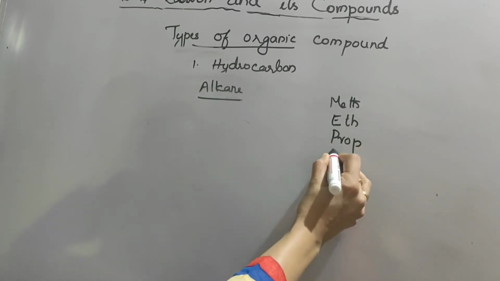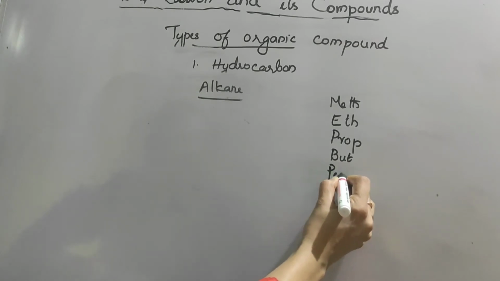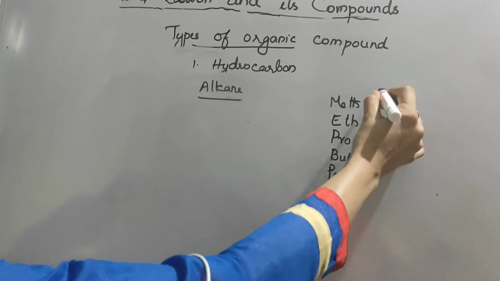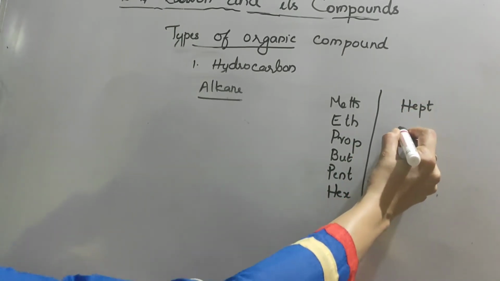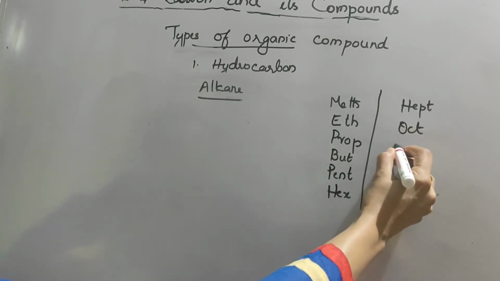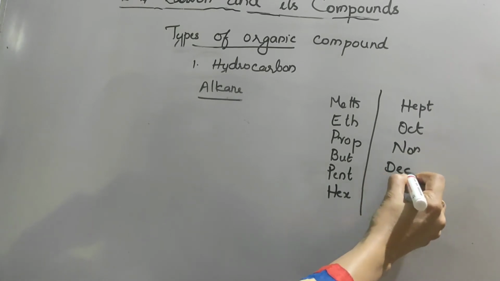Four carbon atoms, but. Five carbon atoms, pent. Six carbon atoms, hex. Seven carbon atoms, hept. Eight carbon atoms, oct. Nine carbon atoms, non. And the last, ten carbon atoms, dec.